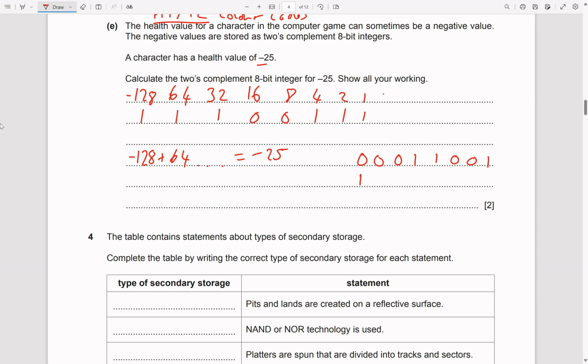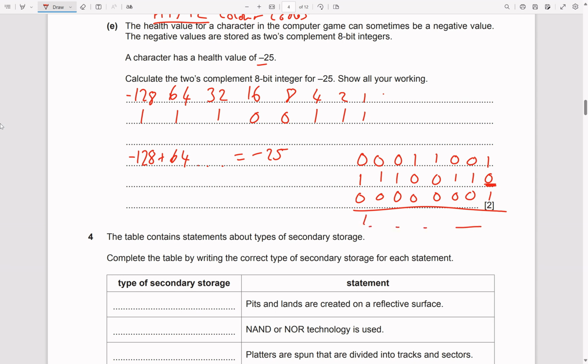So flipping the bits, 0 becomes 1, 1 becomes 0, just like that. Then we want to add 1 to this. Because the last bit is a 0, we should be able to see that this 0 is just going to change to a 1. But since it says show all of your working, you would want to do that and write the final sum here.